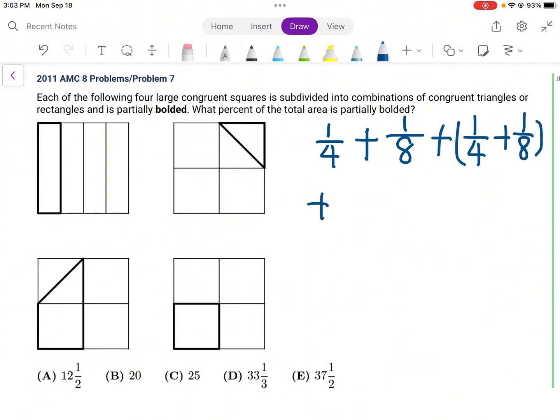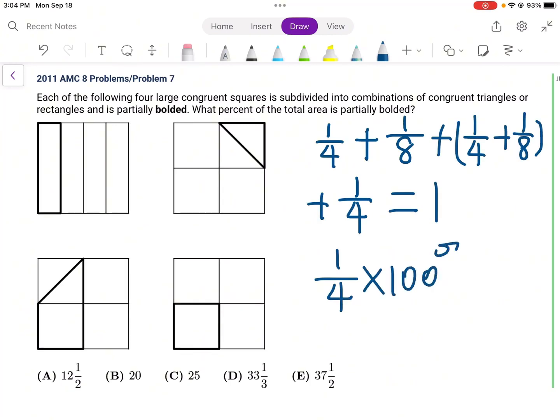And the last one, the bolded area is 1/4, and that sums up to be 1, because the total 4 large congruent squares has an area of 4, so the bolded area is 1/4, multiplied by 100%. That's 25%. The answer is C.